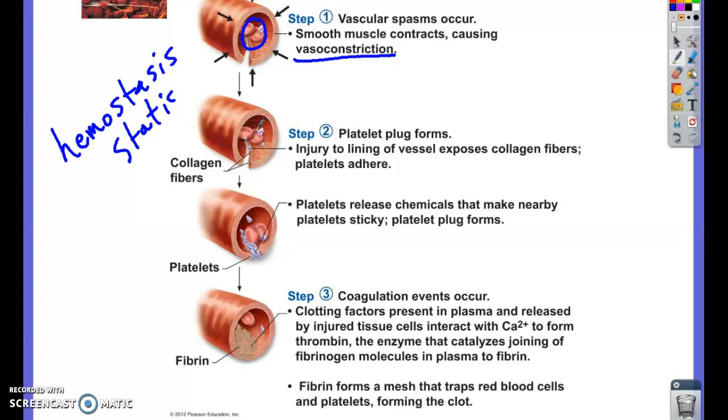Just for the record, the platelets in this first step release serotonin. You may have heard of that. A lot of times people take that for various reasons. But serotonin is a hormone that causes the vascular spasms. Then these platelets start sticking to the inside here, and it's because of other chemicals they release that make them all stick.